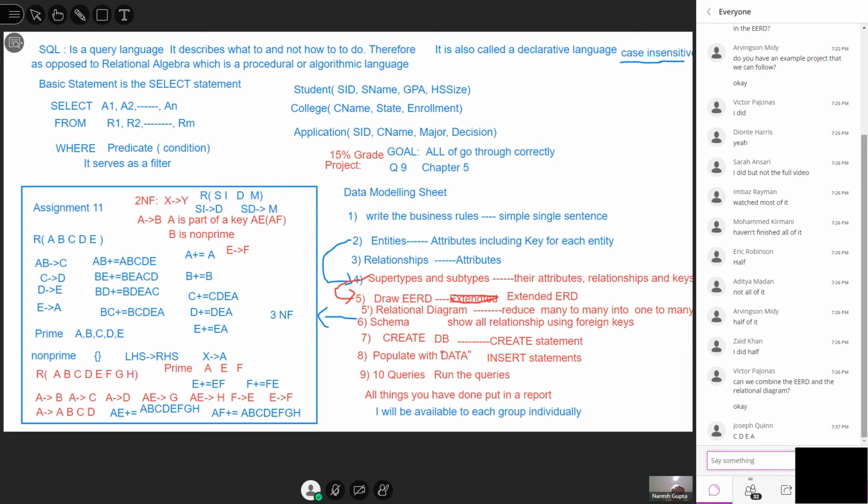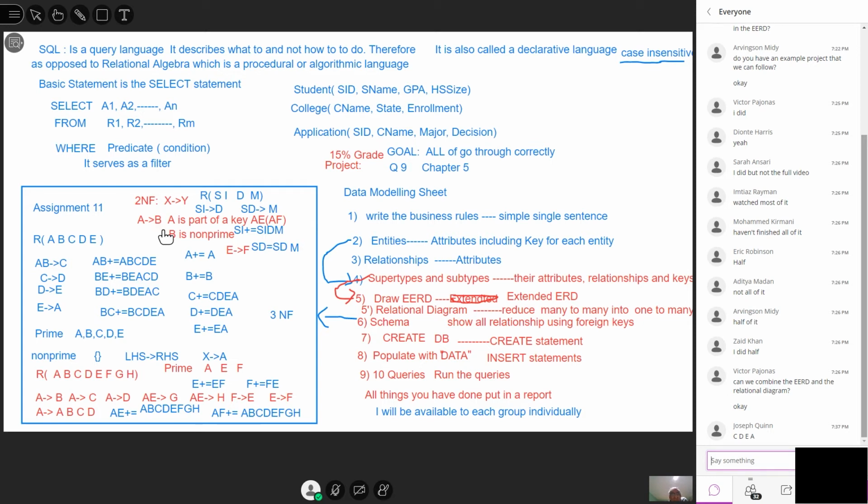So the SI closure is SI D, and then from SD we'll get M. And the closure of SD will be equal to SD, and then on the right hand side you get M. So that means we have only one key right here. That's it.